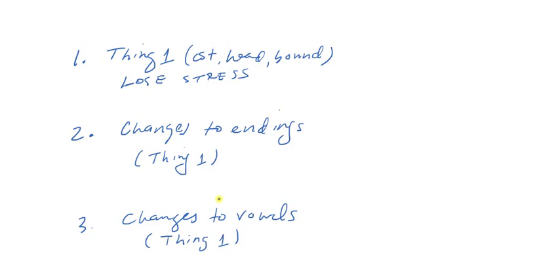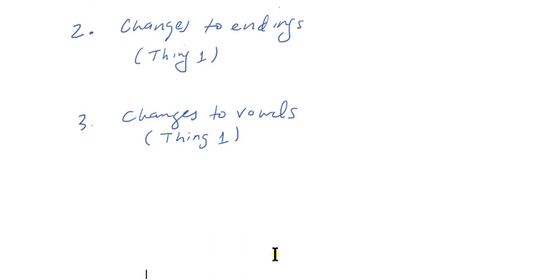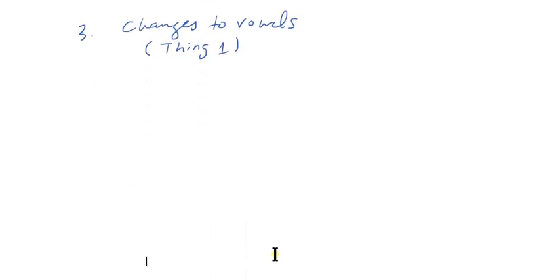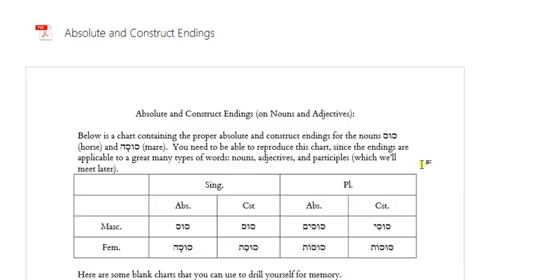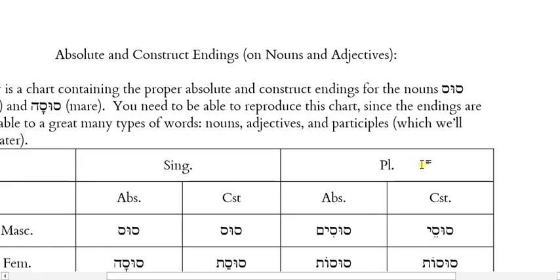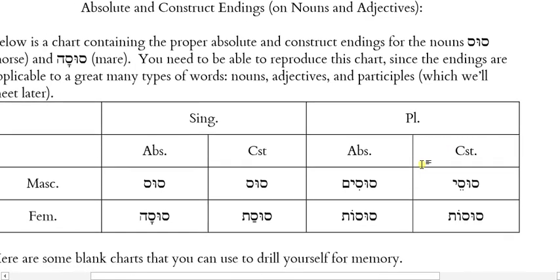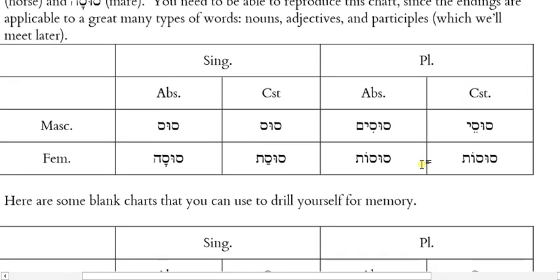Okay? So what I want to do is look at the handout here for what I've called the absolute and construct endings on nouns and adjectives. So go to your handout, and I'll pull it up right here. What this is going to show us is what the changes are to the endings on construct nouns when they become thing one in a thing one, thing two relationship, a construct chain.